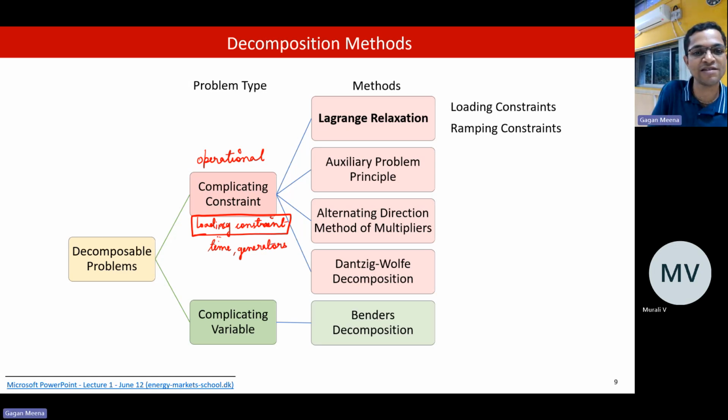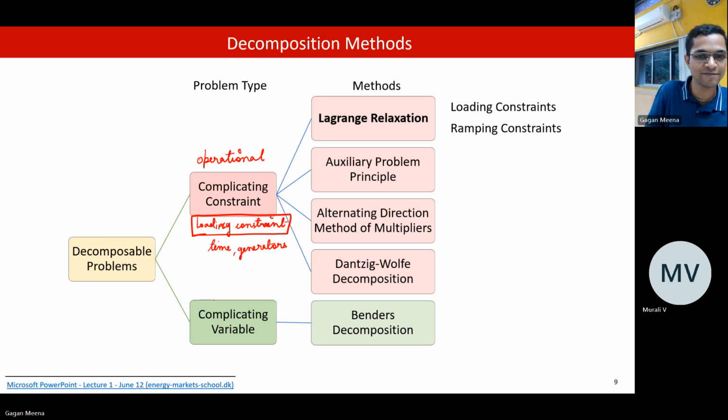This loading constraint, where the demand is to be met for each hour, complicates the problem. If it was not there, we could have easily solved that problem for each generator individually, for each time period. So we have only a small problem and we can easily solve it. But this constraint makes it difficult.